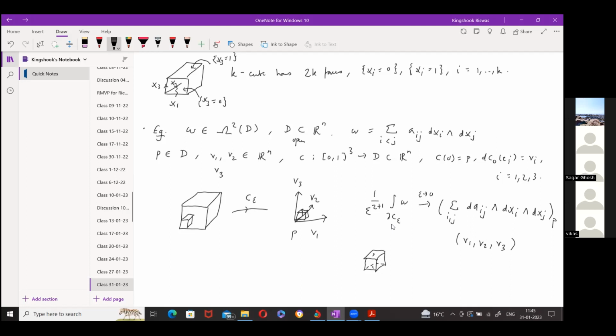And this form here is what we're defining to be d omega, the exterior derivative of omega.